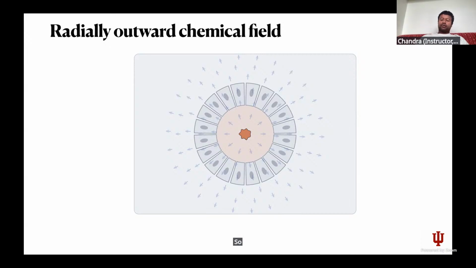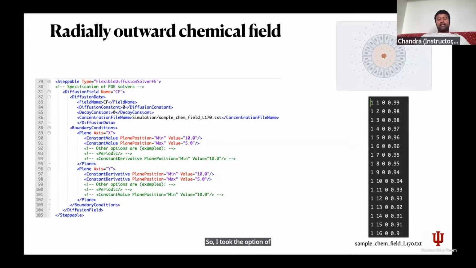So I took the option of going to the flexible diffusion solver for your fields, in the code, where there's a place where you can just give the path to a concentration file. The file basically assigns a chemical concentration for every XYZ pixel or voxel.